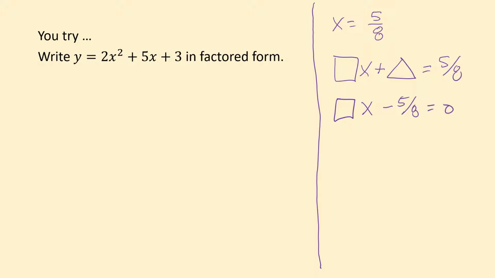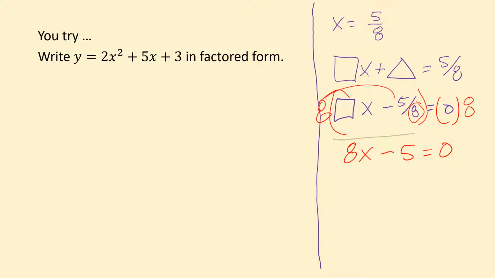Since I have a denominator of 8, I'm going to multiply both sides by 8, because when you do an operation on one side of the equation, if you do it on the other side, you keep everything balanced. When I distribute, I get 8 times x minus 5, because the 8 over the 8 will cancel, and that equals 0.